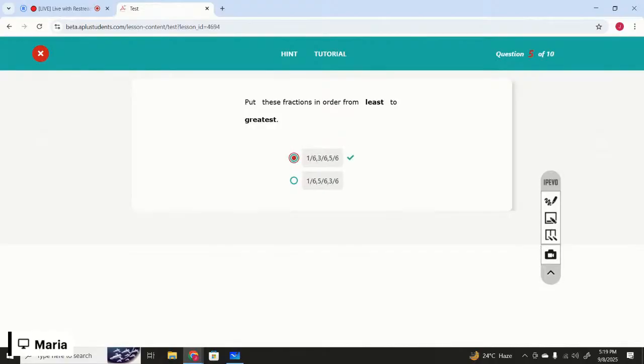Option number 1 is the correct option. 1 by 6, 3 by 6, and 5 by 6. Put these fractions in order from least to greatest. So which is the correct option?